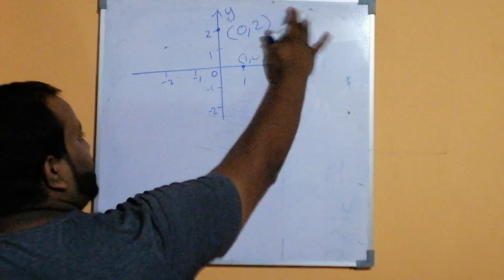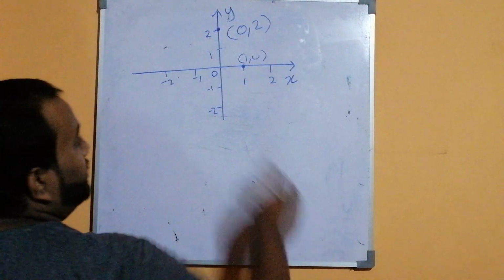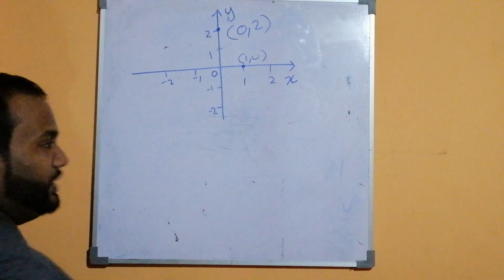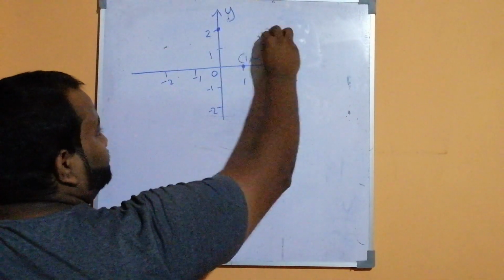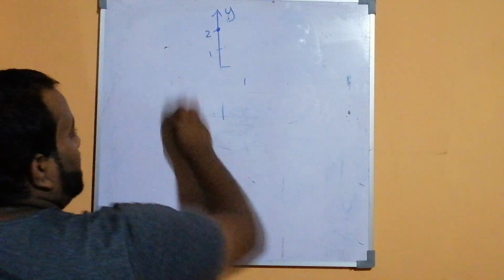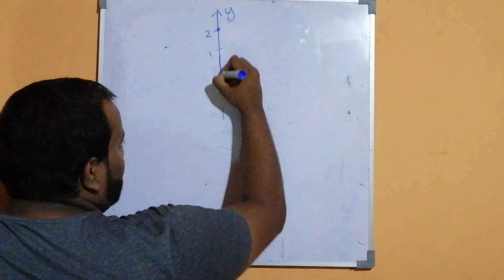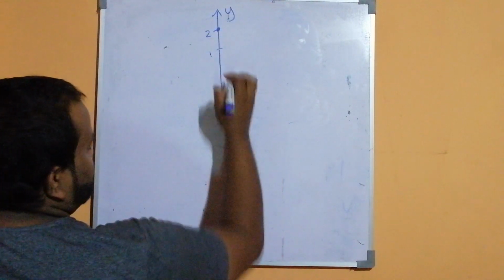There's a reason as to why I took these two coordinates. Now let's see in detail why I took these specific coordinates. This is my y-axis. For the ease of understanding, I will only draw the y-axis.